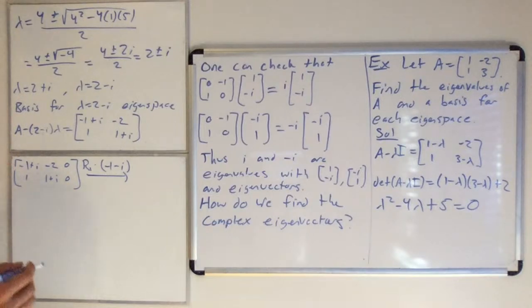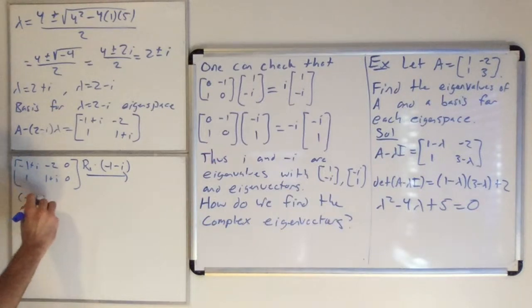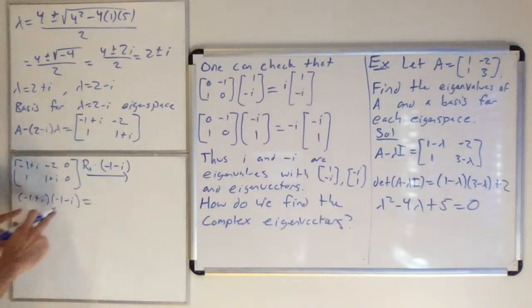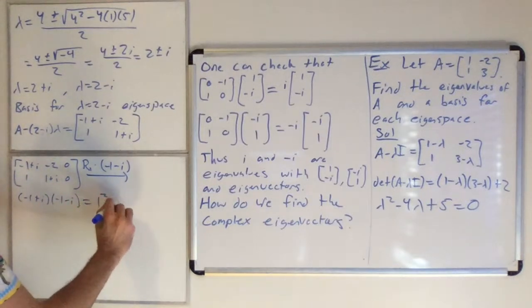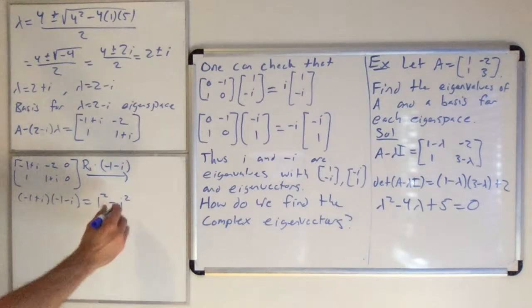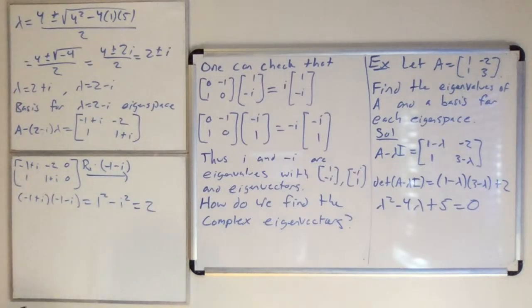And the idea here is, well, -1 plus i times -1 minus i is equal to 1 squared minus i squared, which is 2. Right? And there's no complex parts of this anymore.